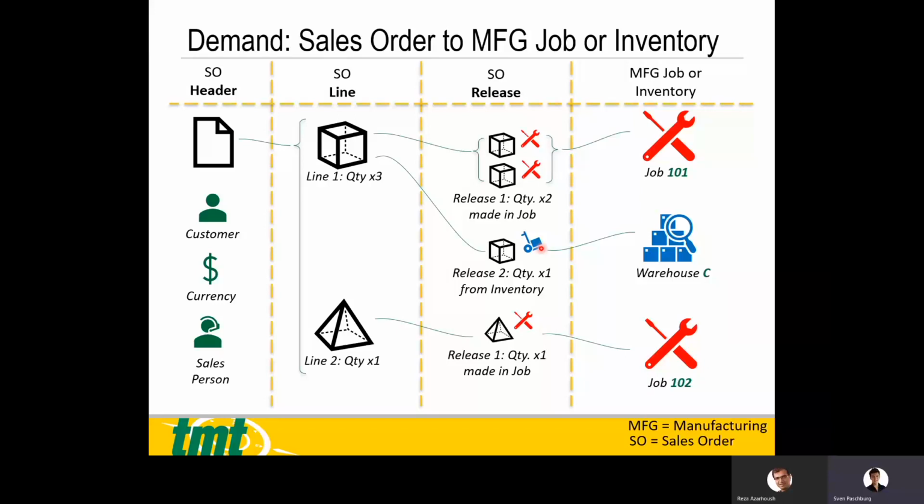It doesn't happen as often here because we're not like a distribution center where we pull stuff off shelves, but we do have certain sparing and things like that, which we may sell on to customers, which we may have on the shelf. So that's quite important. You can see that the release level actually defines where the demand is coming from and where you're going to fulfill the requirement of these parts.